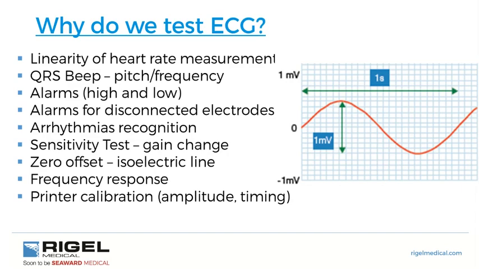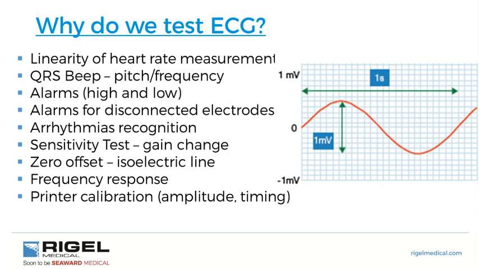And then we have zero offset, which is your isoelectric line, which is pretty much the baseline for your ECG. We can check the frequency response: notch filtering, which will reject 50 and 60 hertz noise; low pass filtering, which will reject other noises which are not relevant to ECG measurement; and high pass, which will reject very low frequency that could disturb the isoelectric line.